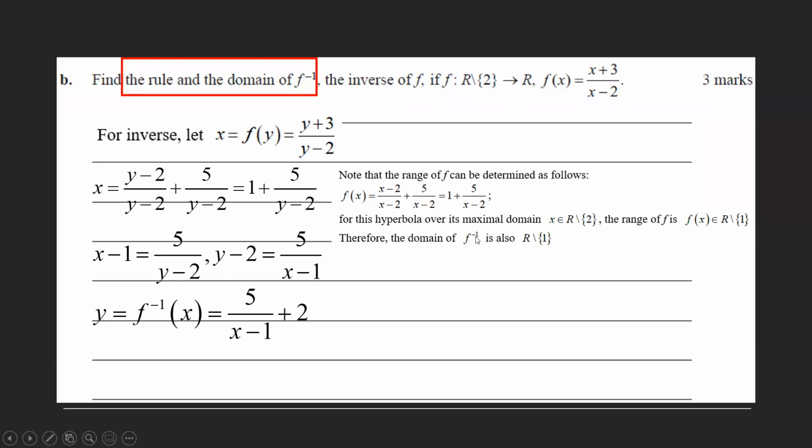Therefore, the domain of f inverse is also the real numbers excluding 1. If you wish, you can write both things in one line, the functional notation, but it's not necessary here unless the question explicitly wants functional notation. You can also state x is an element of the real numbers excluding 1 separately. All right. Okay, now part B finished.